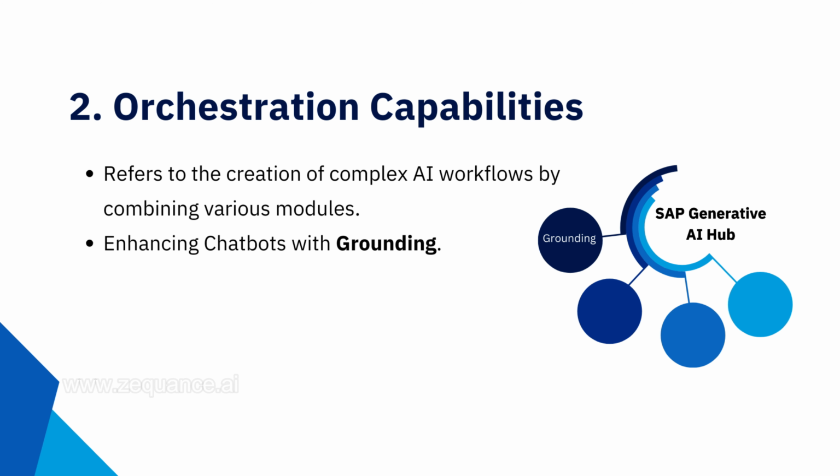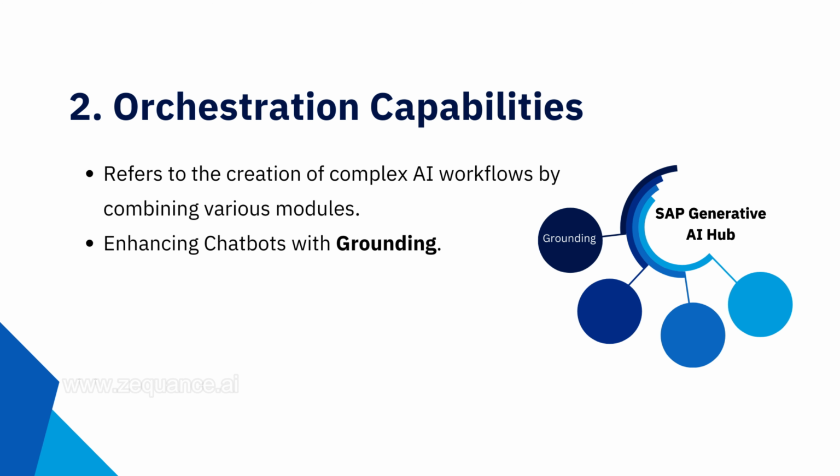Enhancing chatbots with grounding. Consider a service chatbot that needs to answer questions about a company's specific products or policies. By using the grounding module in SAP Generative AI Hub, the chatbot can access and incorporate real-time data from the company's knowledge base.